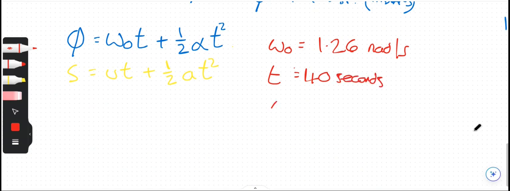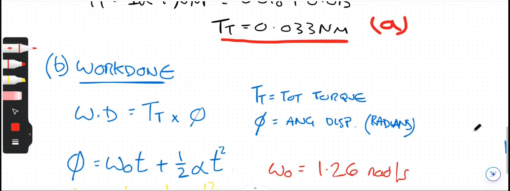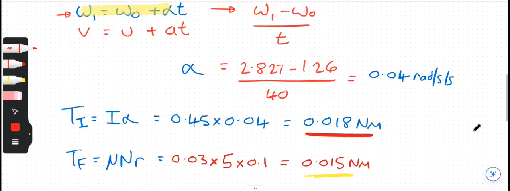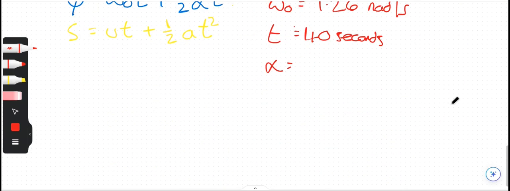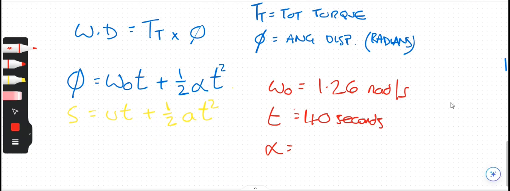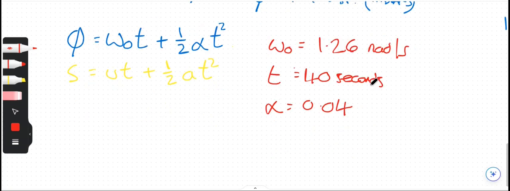And then we need the angular acceleration, which we worked out up here, 0.04. So nothing of a surprise here. I'll put them numbers in, and that will give us how many radians this thing's gone through.